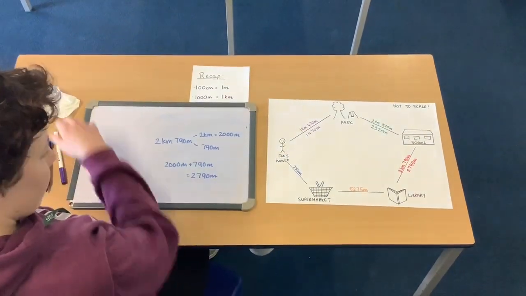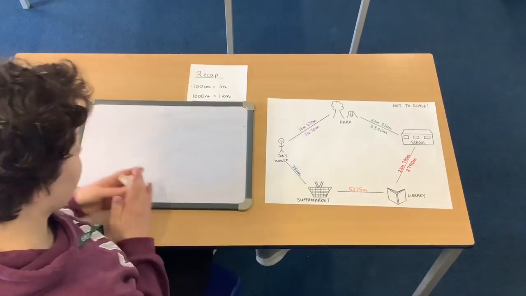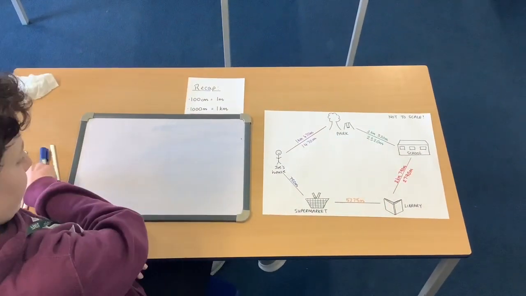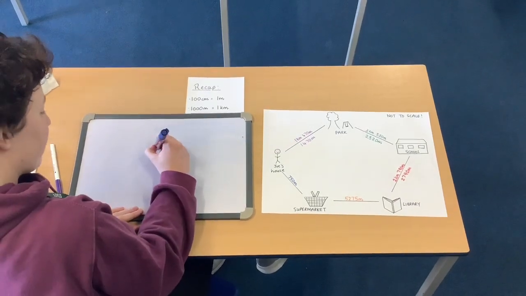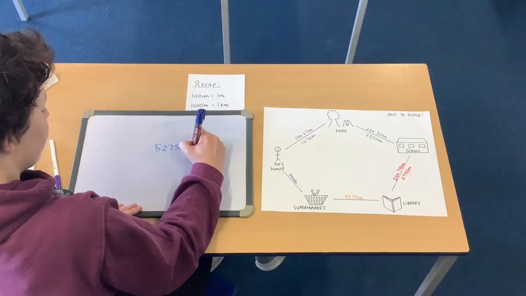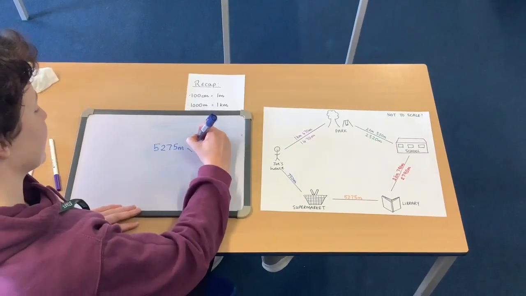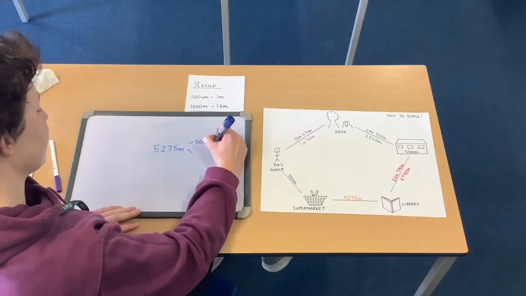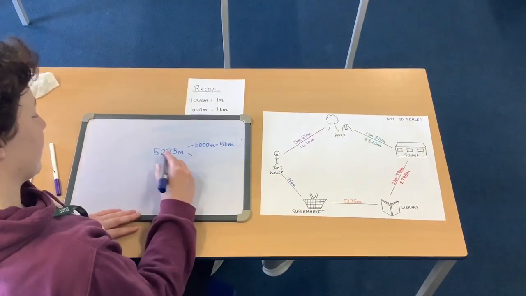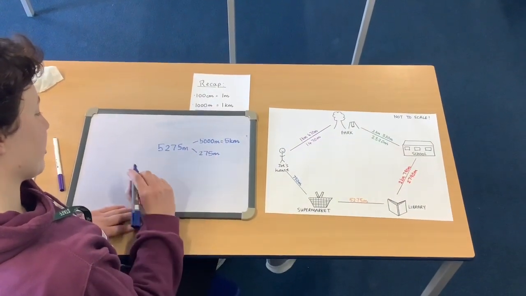And then our supermarket to our library is a bit different because we have got our distance already in metres. So I've got 5,275 metres. So it's just thinking about this the opposite way round this time. So I can say that 5,000 metres is equal to 5 kilometres, and then I've got 275 metres remaining when I partitioned it.